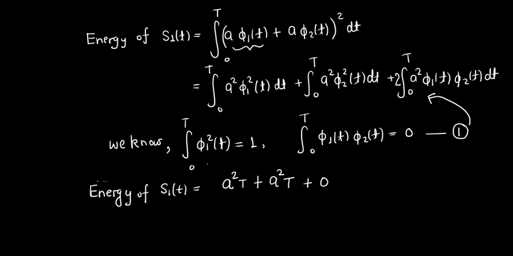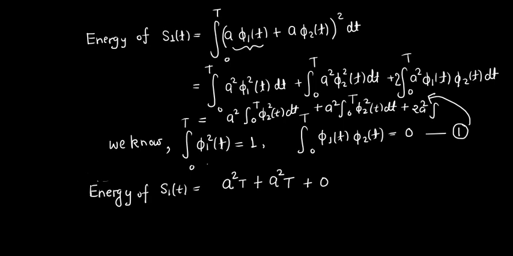So that phi 1 square t will become integral from 0 to T of phi 1 square t dt, yes, because A square is constant. So you have to take A square outside, and then you will have these two integrations, and by applying the property of the orthonormal basis, you will get that this is the energy.